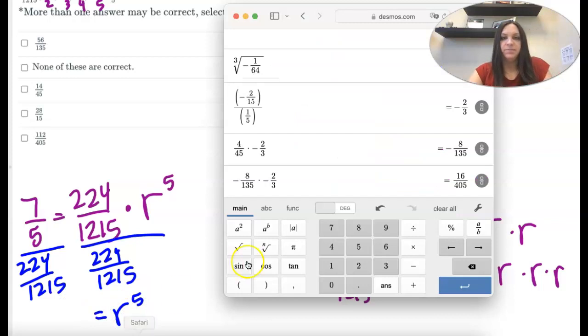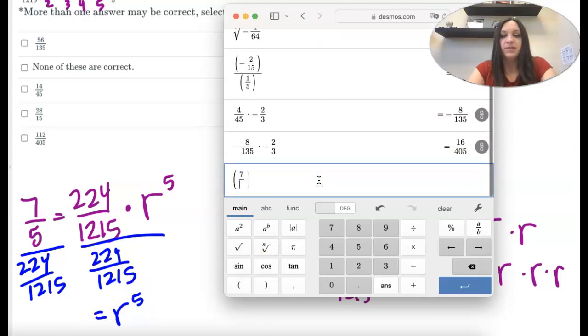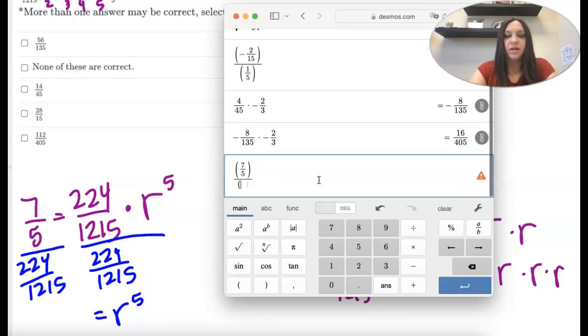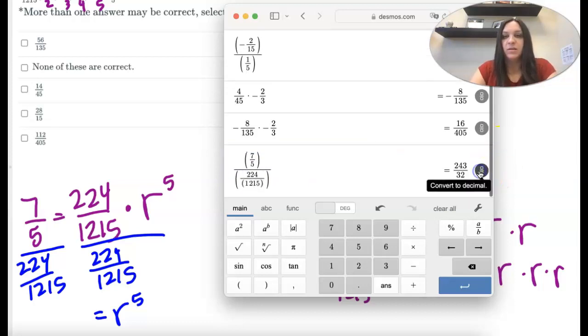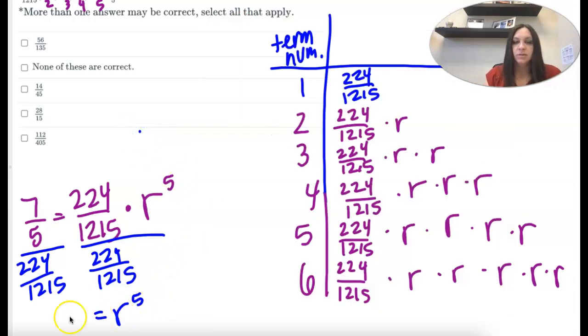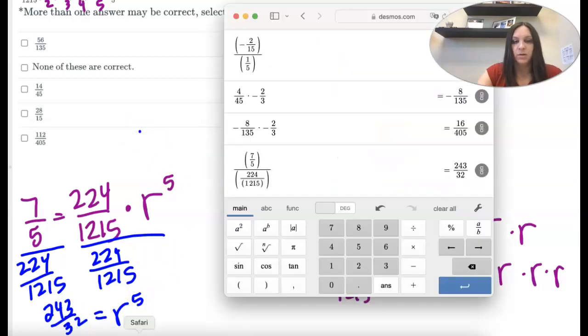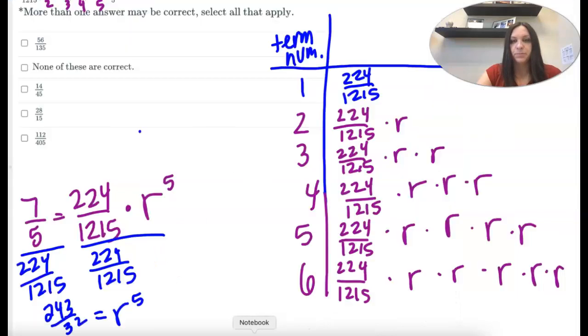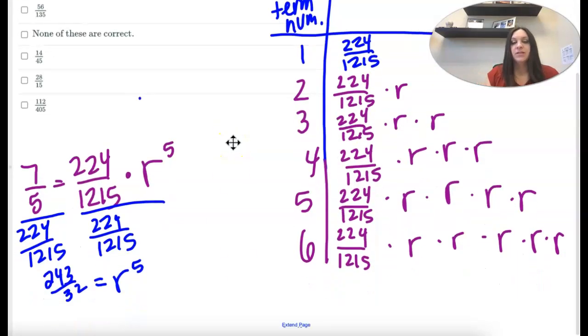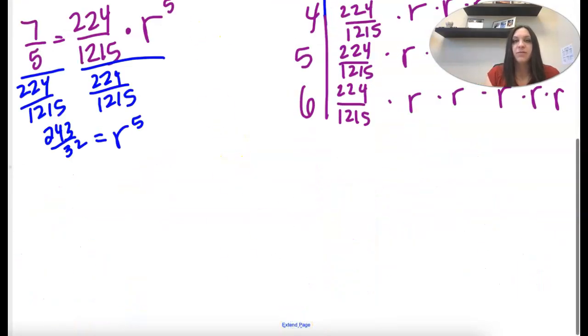So let's see. 7/5 divided by 224 over 1215, which is 243 over 32. Okay, so r's not quite by itself. We have r to the 5th power.